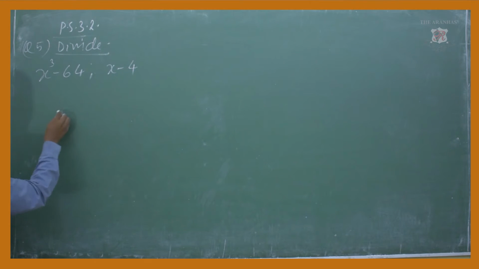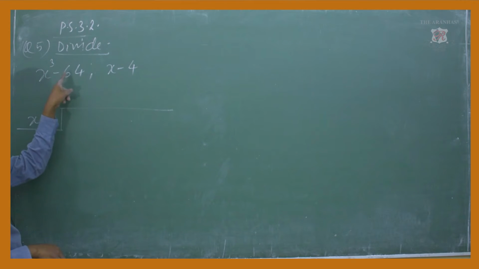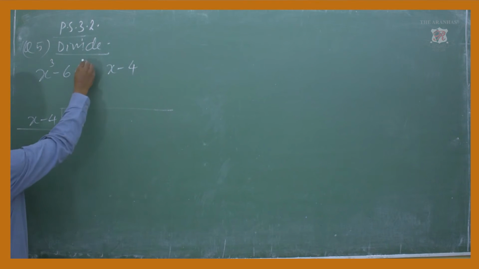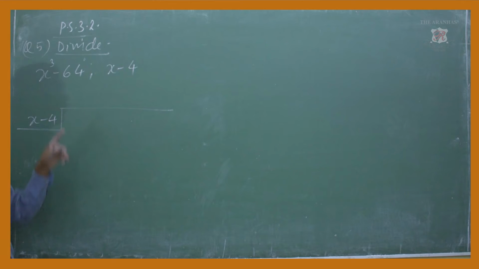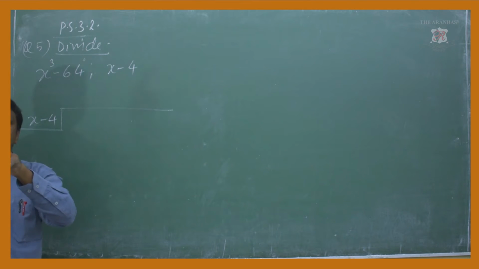So here a division sign will be there. Inside the division sign we write the divisor, which is x minus 4, and the dividend. The first term of the dividend is x cube and the last term is 64. 64 is a constant monomial whose index power is 0.